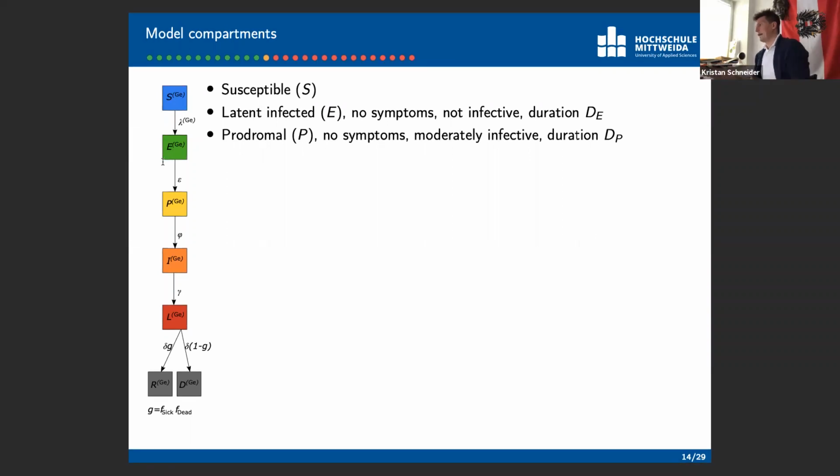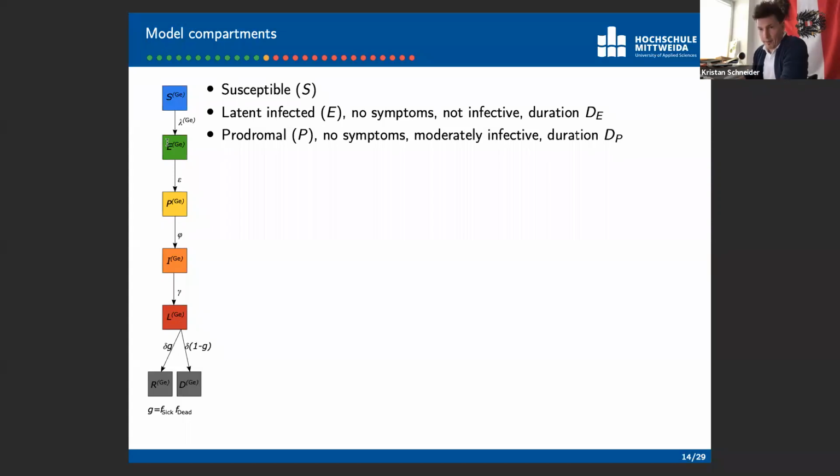They remain in this latent phase for an average duration, let's call it DE. During this phase, they cannot spread the virus yet. They are infected, but they don't have any symptoms yet.